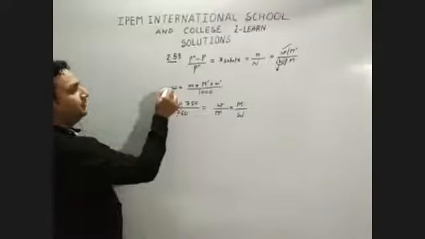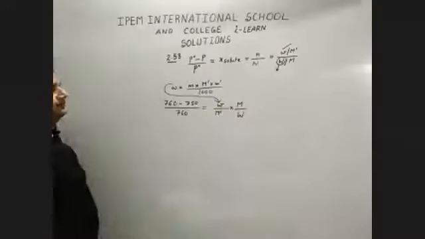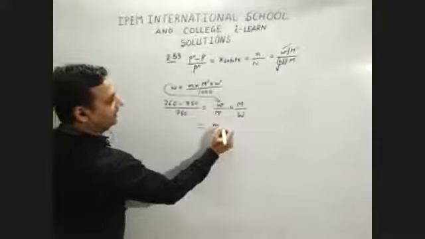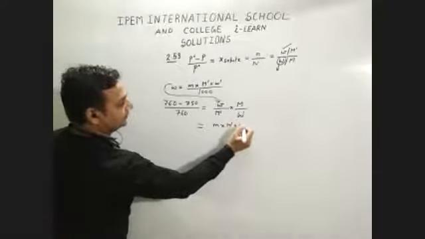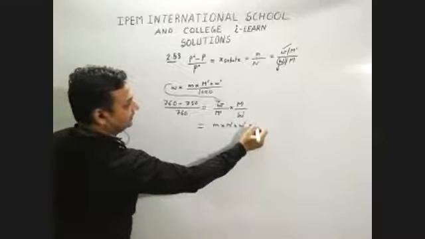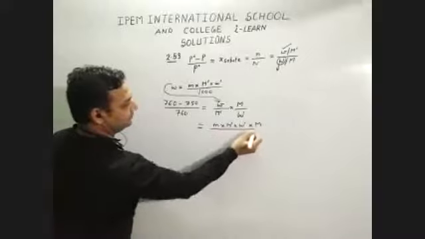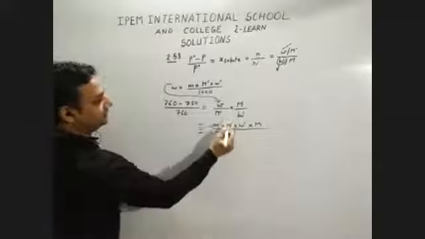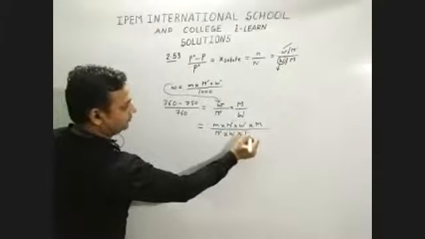Now you can put this W, that is the mass of solute, here. This will become M into M dash W dash into M upon M dash into W into 1000.